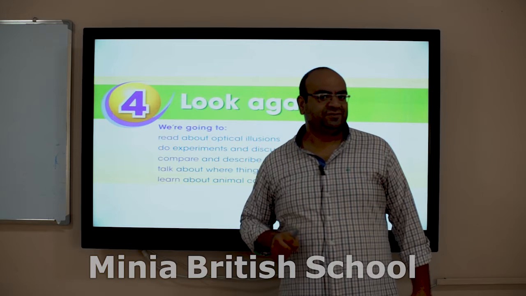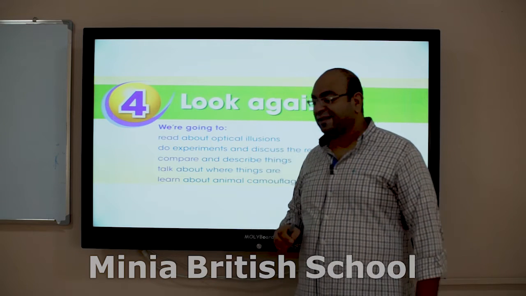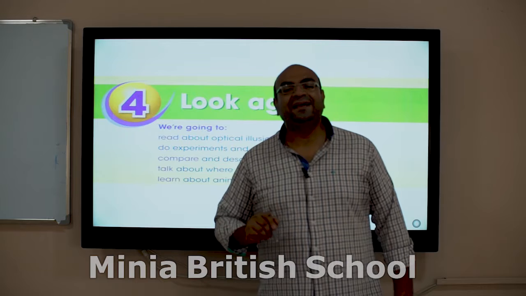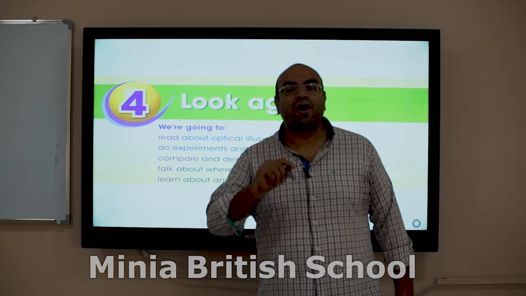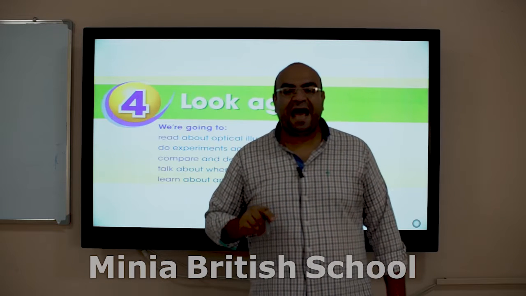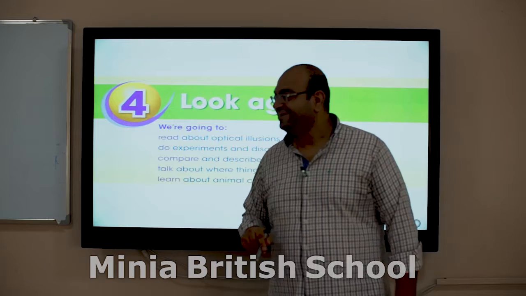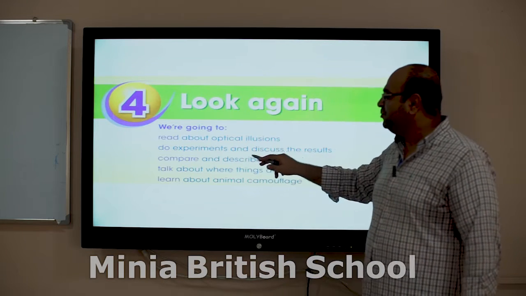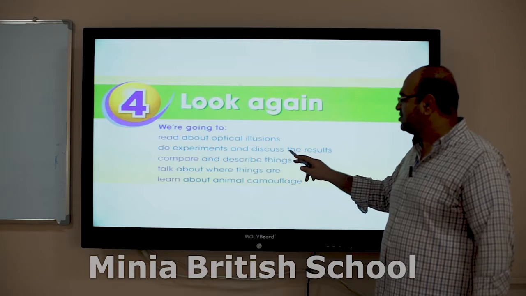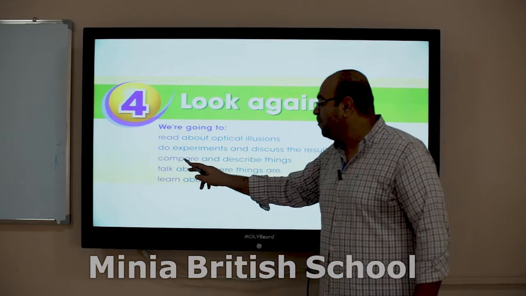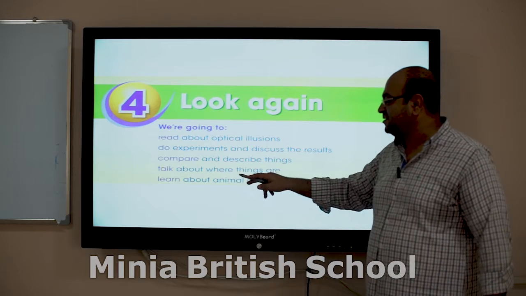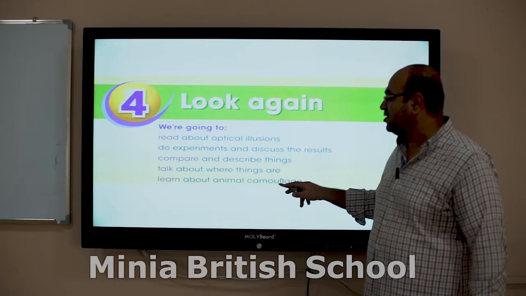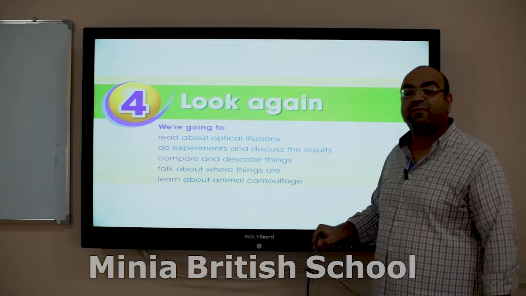No, we don't. We will get to that. The optical illusion is a way that my eye got tricked, and we need to look again. Compare and describe things, talk about where things are, learn about animals' camouflage.